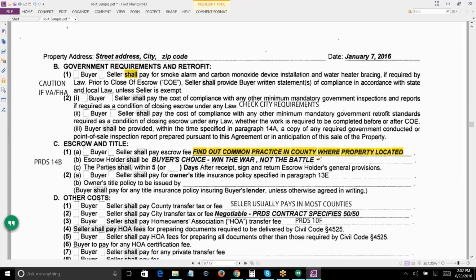But if I'm the listing agent and I've listed a house in San Mateo County, do you understand there's this relationship that listing agents have with their title company? Sometimes it's not healthy, but they have relationships with the title company, and they want their title company to be the escrow holder.